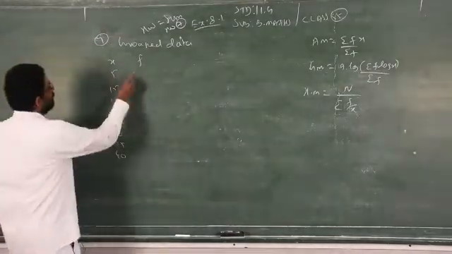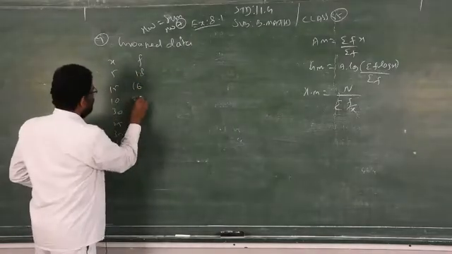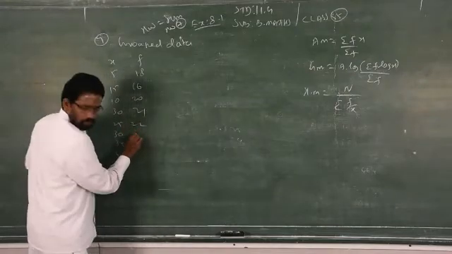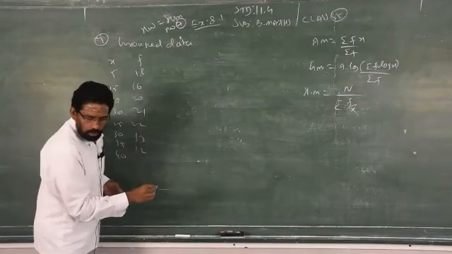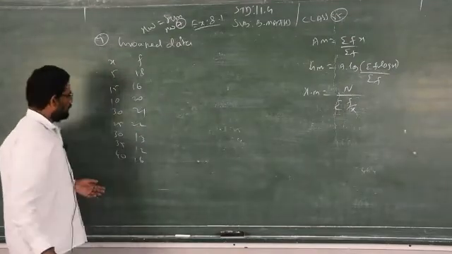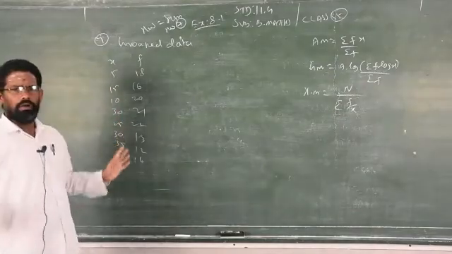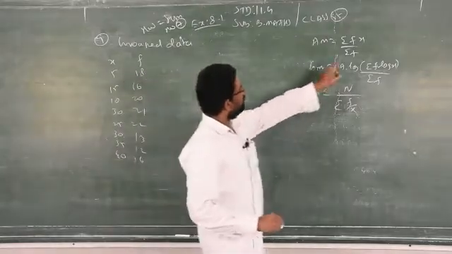Under f it is given 18, 16, 20, 21, 22, 21, 22, 13, 12, and 16. So you can write 1, 2, 3, 4, 5, 6, 7, 8. All is completed.